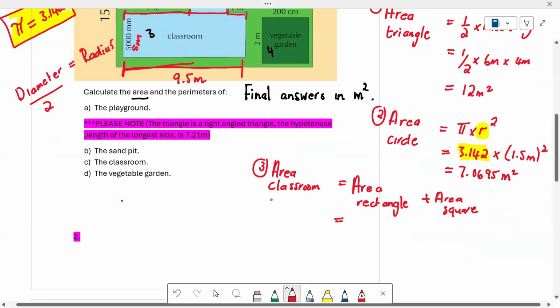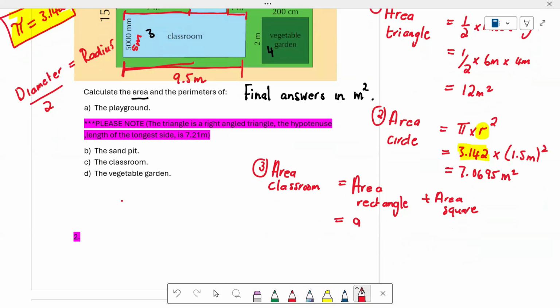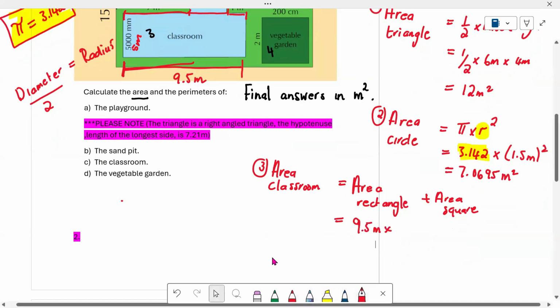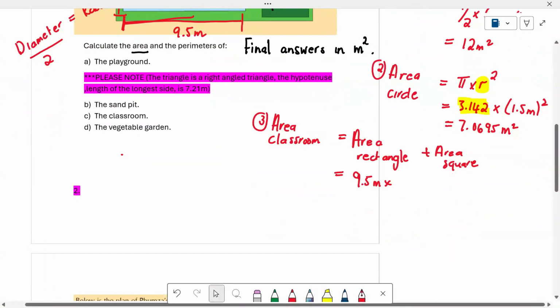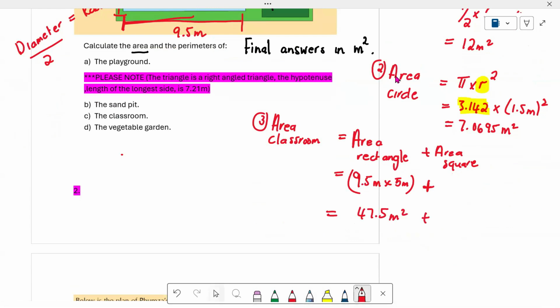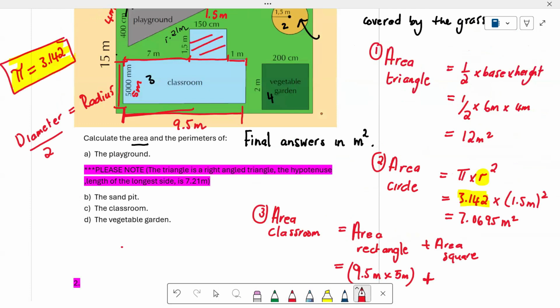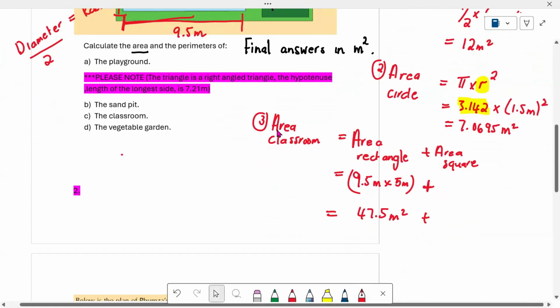And then you do what with that as well? You multiply it by the 5 meters. Remember, it's length multiplied by the breadth. You can see that our breadth is 5 meters. Well done. And then that's 47.5 meters squared, plus the area of the square. The area of the square is this part, 1,5 times 1,5.